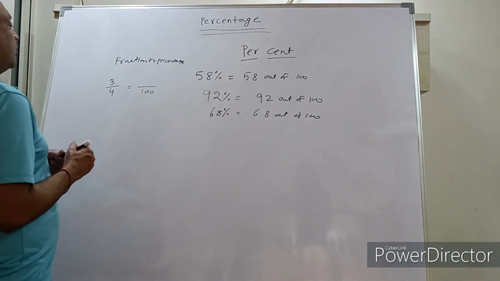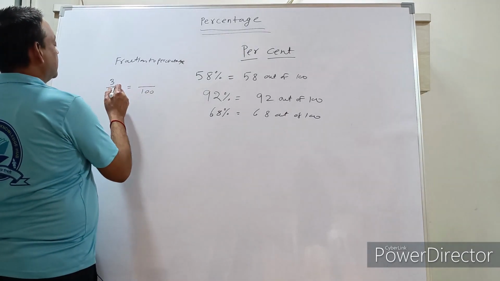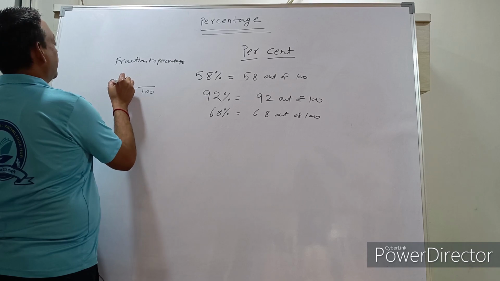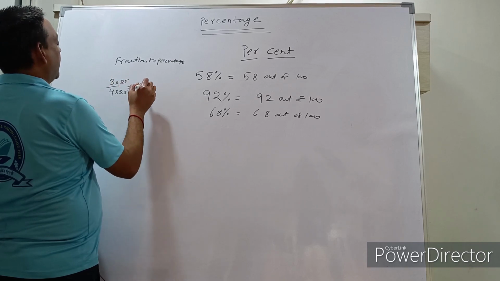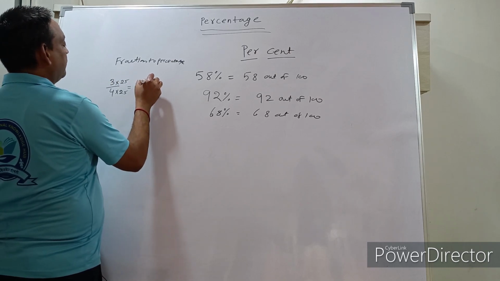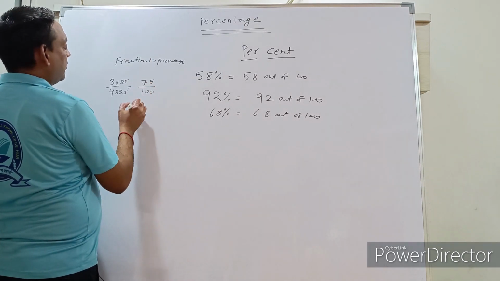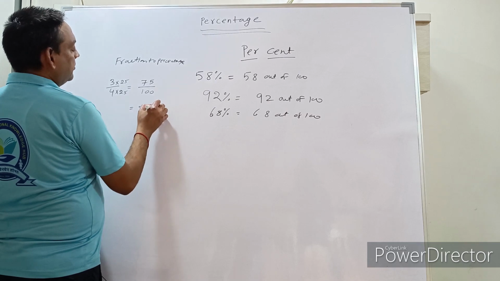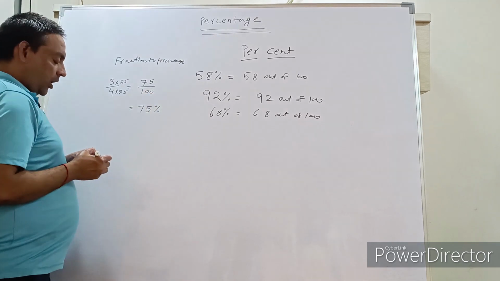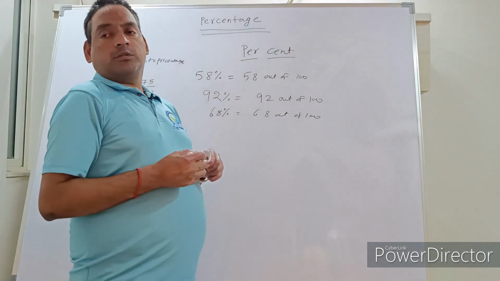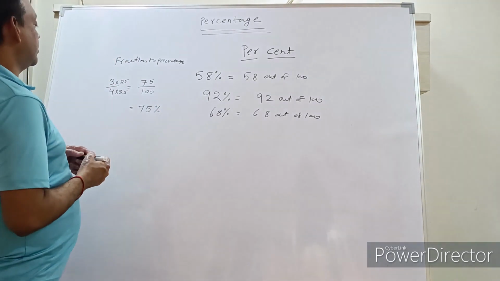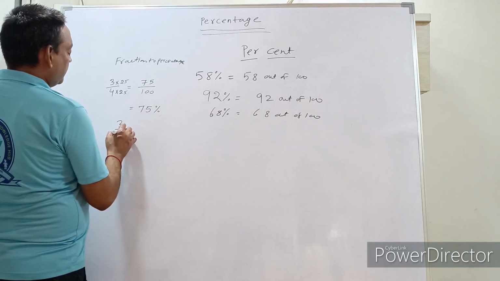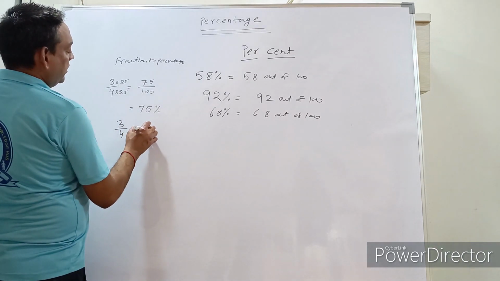So 4 into what gives you 100? So into 25. So we'll multiply 25 here also. So 25 3s are 75. So 75 out of 100 is nothing but 75%. Anything out of 100 is percentage. Okay, so instead of doing this, you can also simply say 3/4 multiply by 100.